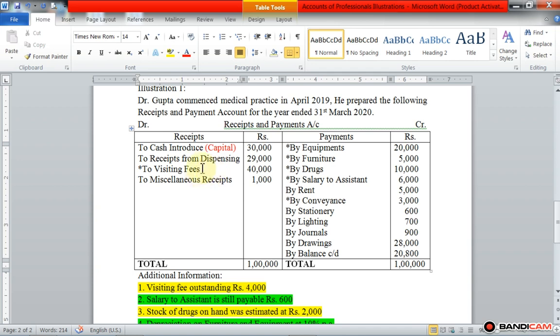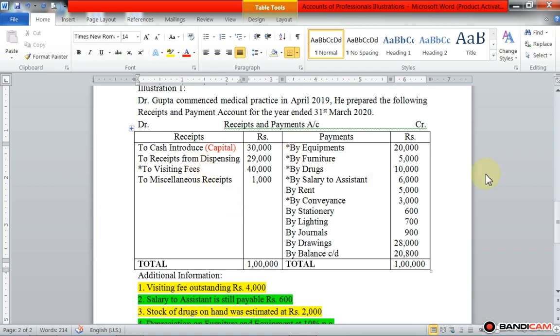But additional information is provided, so after transferring visiting fee, leave two or three lines below the visiting fees, amounted rupees 40,000.